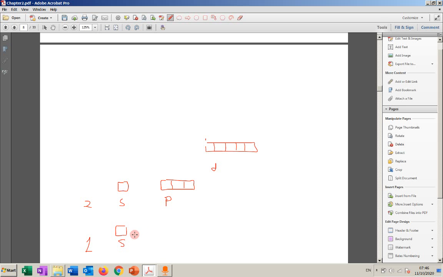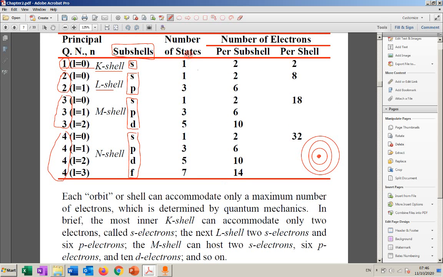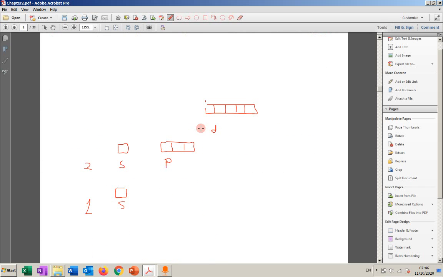Now what is this going to help us with? Each state contains 2 electrons, as we know from chemistry. So in s we have 2. In p we have 3 boxes, so we expect 6 electrons inside the p orbit.